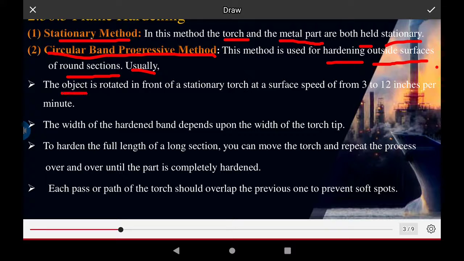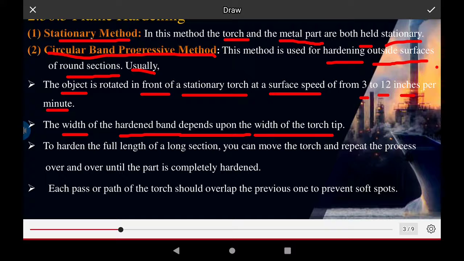The object is rotated in front of a stationary torch at a surface speed of 3 to 12 inches per minute. The width of the hardened band depends upon the width of the torch tip.